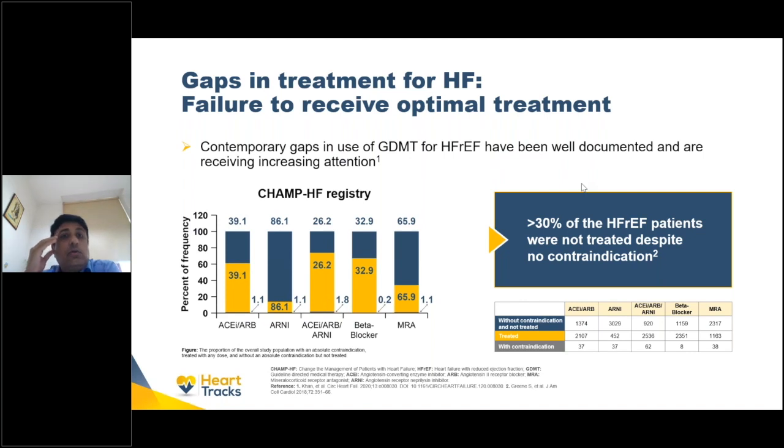Fine. So more than 30% of these patients with heart failure with reduced ejection fraction are not being treated in spite of there being no contraindication for the drug.